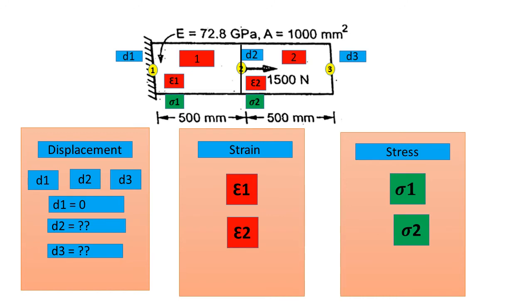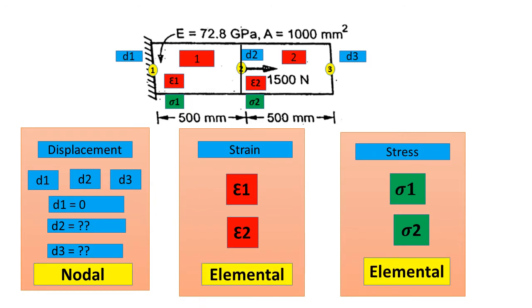The number of unknown displacements to be calculated is equal to the number of nodes, while the number of strains and stresses depends upon the number of elements and not nodes. So epsilon 1 and epsilon 2 are strain in the first and second element, sigma 1 is stress in the first element, sigma 2 is stress in the second element. Displacements are always nodal, while strain and stress are elemental.